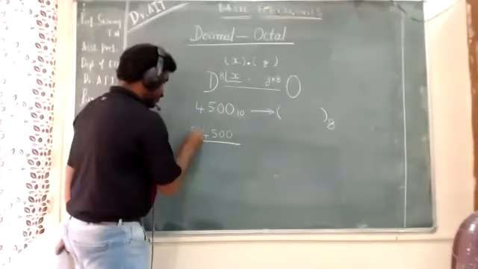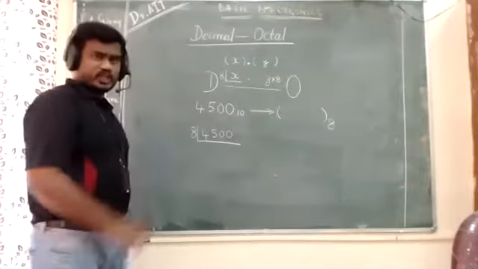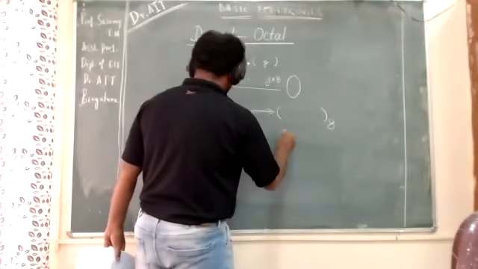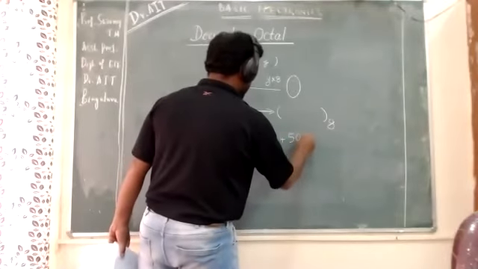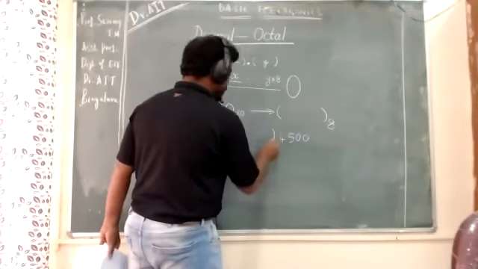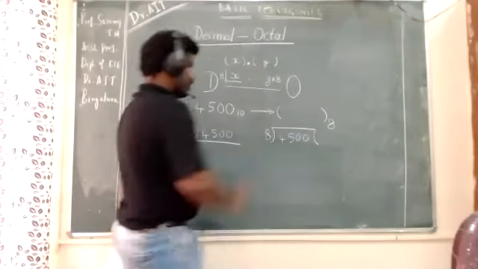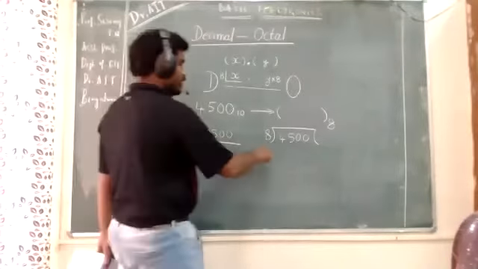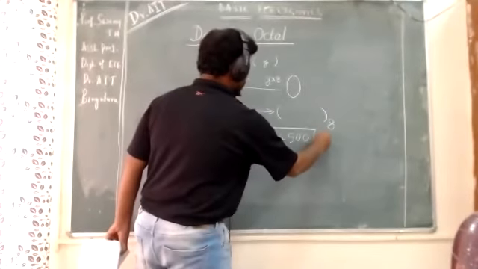Now once you start dividing, what is the remainder you will get and what is the quotient you will get? Since this is the first example, I will take the simple division method. So you have 4,500 and divide this by 8. Once you start dividing it by 8, you will get 8 5s are 40.